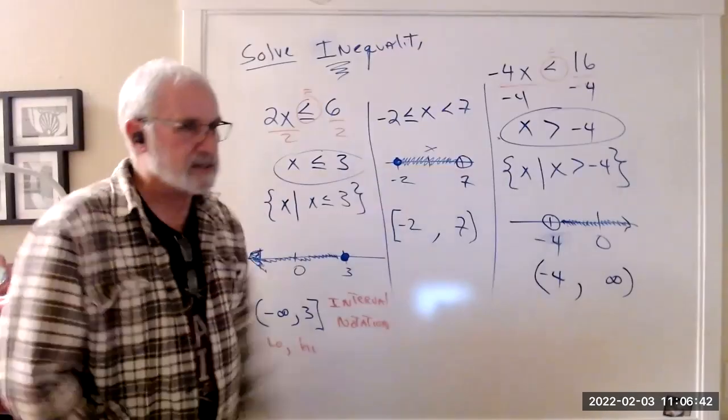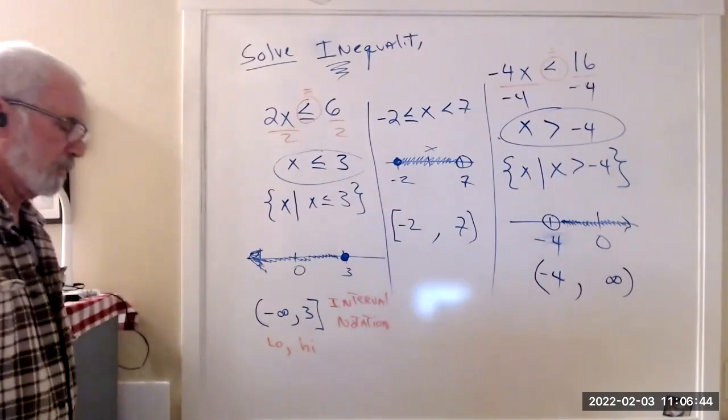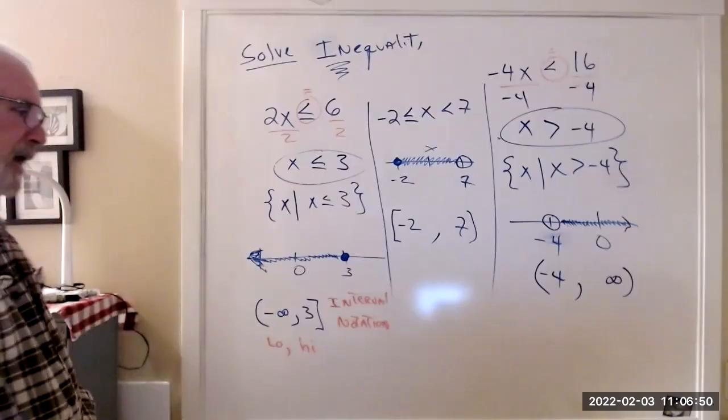So you have less than or equal to, so it's right on the -2, but less than, it's not quite at 7. Right. That's it. So a solid bracket means spot on, and the parenthesis is kind of like an open circle. Bingo. You got it.